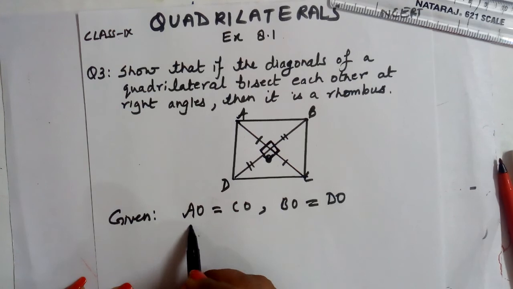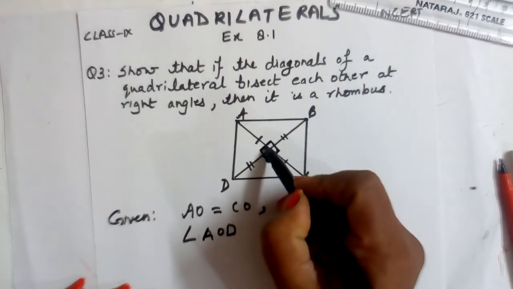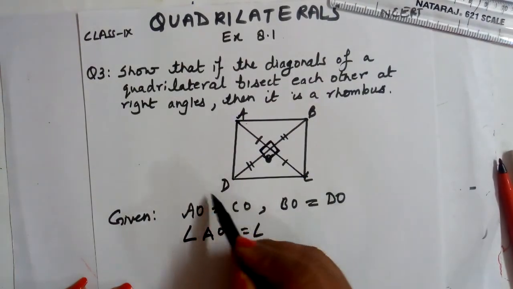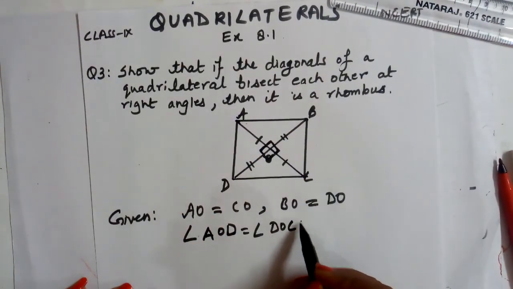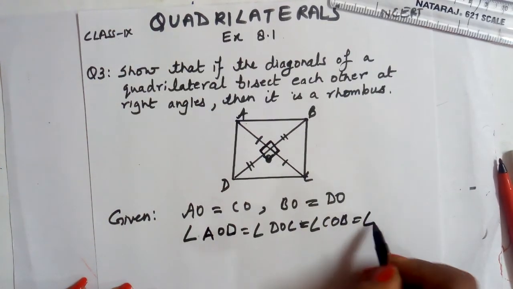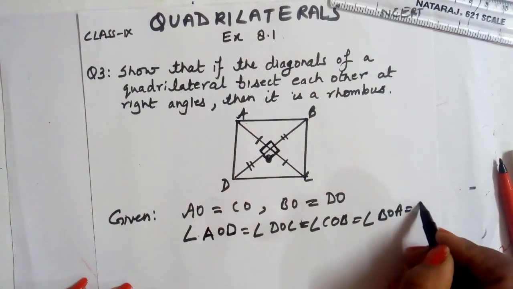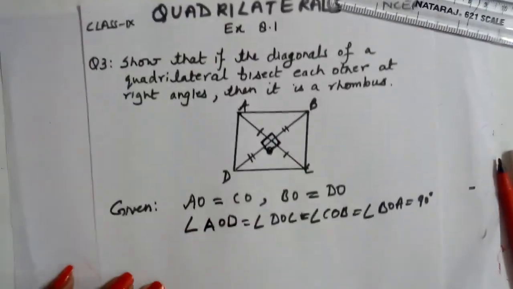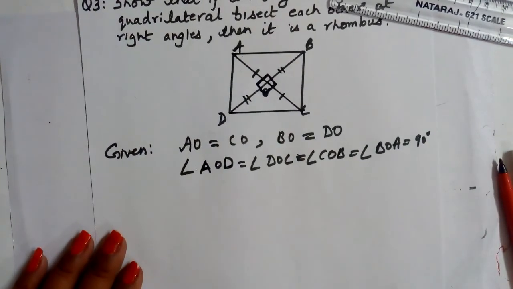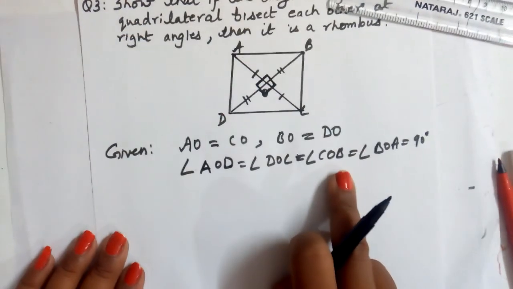And angle AOD is equal to angle DOC is equal to angle COB is equal to angle BOA, that is, all 4 angles are equal to 90 degrees. These things should be very clear, that they are given to us.